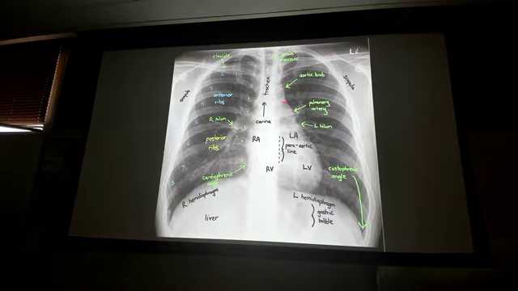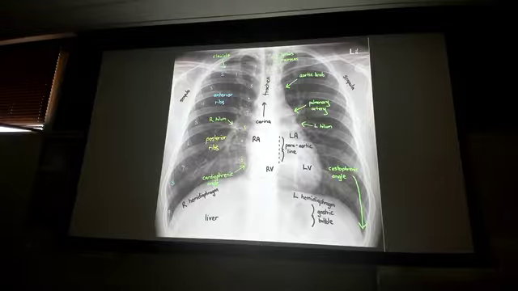Second one, it says pulmonary artery, but it's really pulmonary vasculature, right? This is the pulmonary artery or pulmonary vasculature. So the artery is here, the pulmonary vein is here, right? It's where the blood is going out to the lungs, coming back into the heart. They're all sitting in this area. The pulmonary vasculature is the second bulge. So bulge 1, aortic knob or root. Bulge 2, pulmonary vasculature or artery.